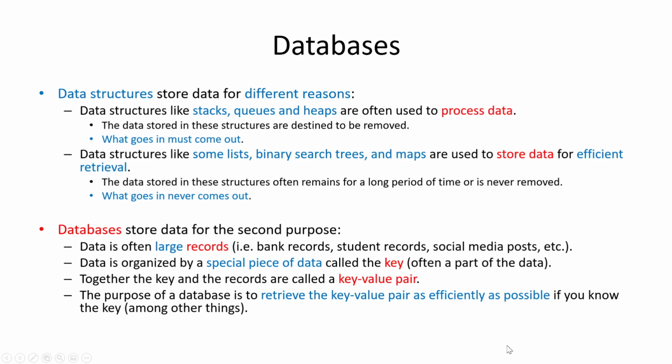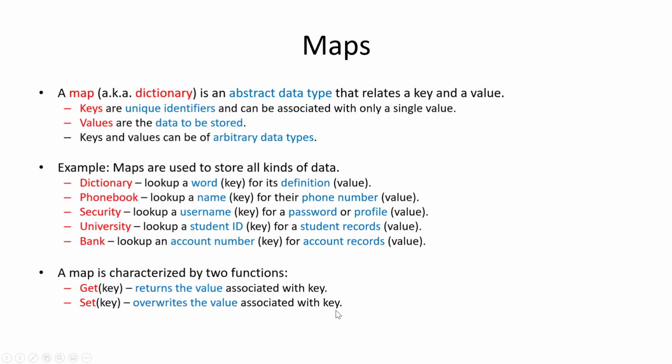All right, so I think I've maybe mentioned that. We're looking for these key-value pairs, and the purpose of a database is to find them as efficiently as possible. So I want to talk a little bit about the abstract data type of a map. Here I want to remind ourselves of this idea: what is an abstract data type? How does it relate to data structures?